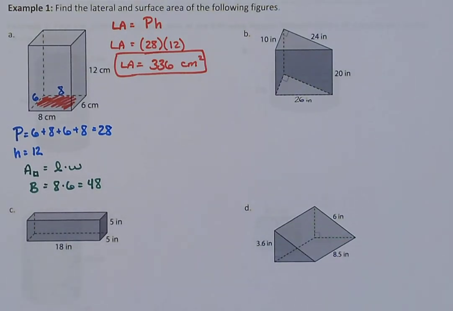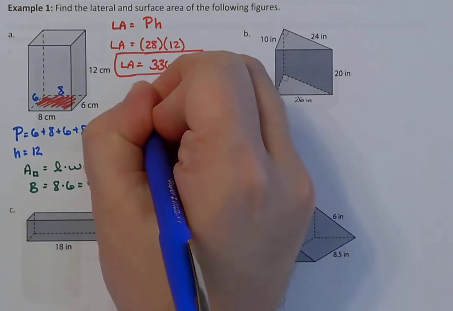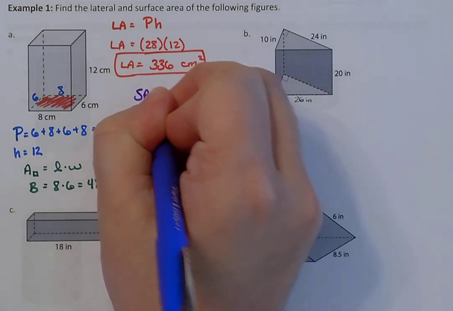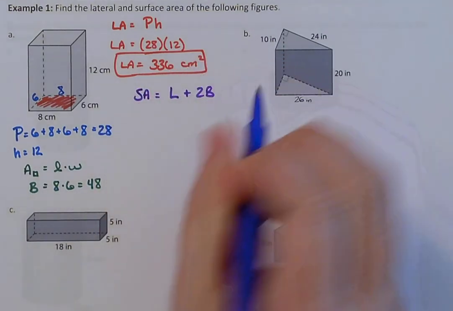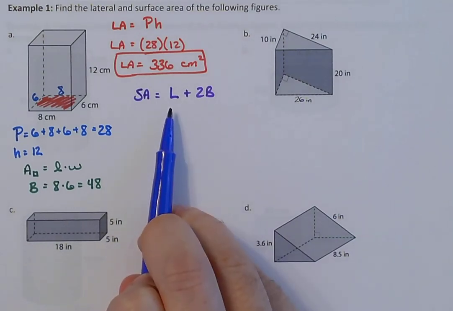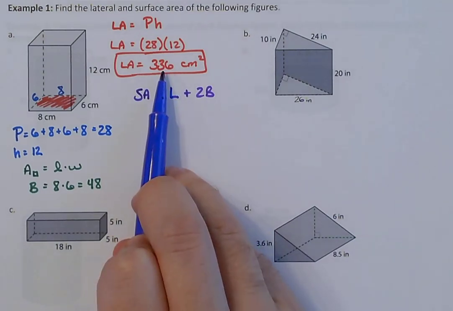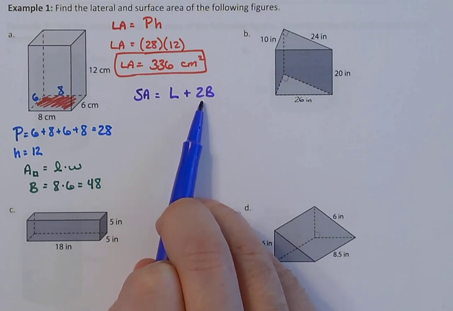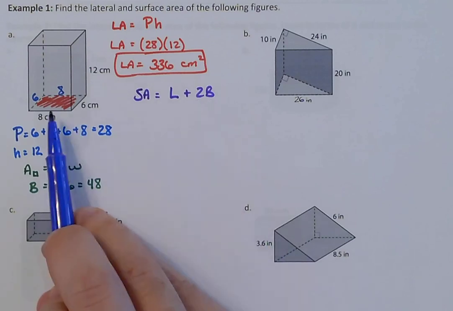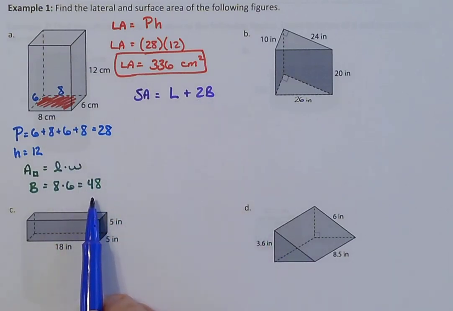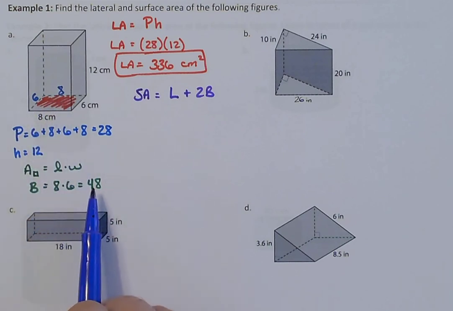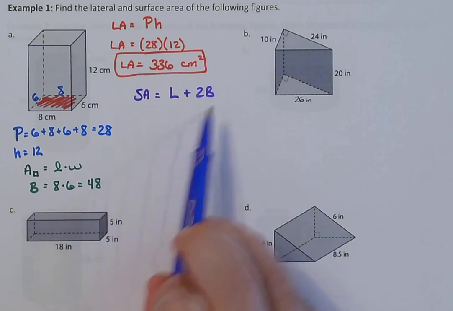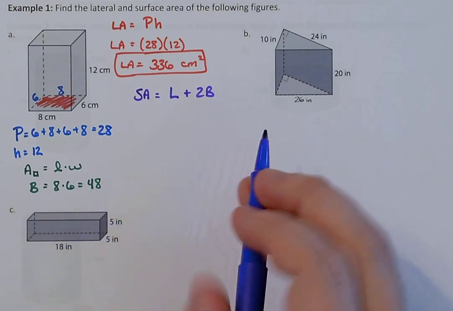Now, to find surface area, the surface area formula is L plus 2B. So it's the lateral area, which we found to be 336, plus 2 times the area of the base. We found the area of the base to be 48. The base is that red shaded area. So we know B to be 48, so it's going to be 2 times 48.